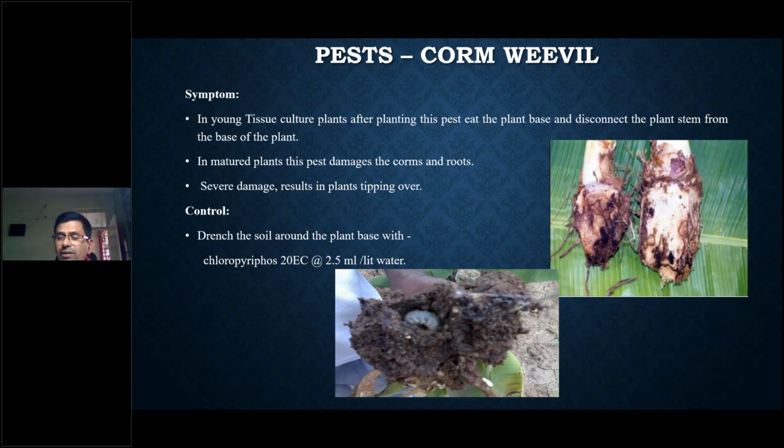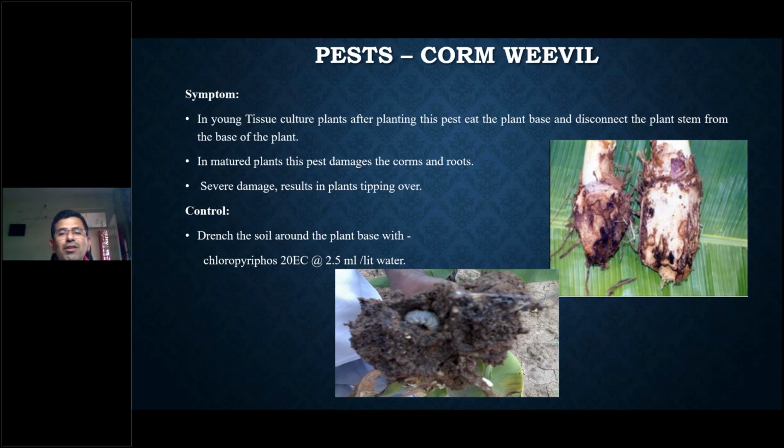You plant today, and within 24 hours, if you visit your farm, here and there a lot of plants have come out of the soil and totally dried up. There is no connection between the plant and the root. It is totally disconnected, in two portions. Many farmers tell me that somebody came and chopped their plants. It's not like that. It's the rhizome weevil.